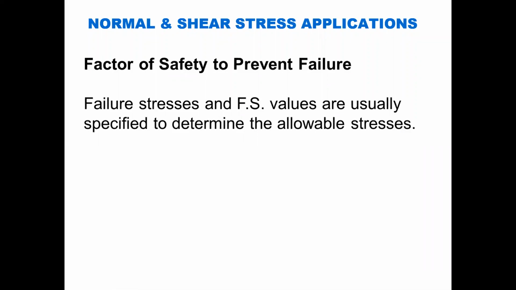Okay, so we can use our normal and shear stress equations, and we're going to introduce a factor of safety, and every factor of safety is a value greater than 1. So it could be 2, it could be 3, it could be 2.5. It's just a number that's greater than 1.